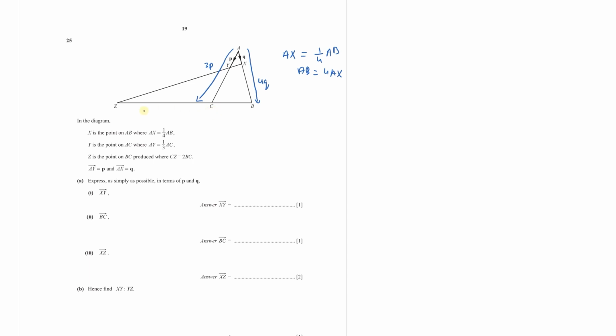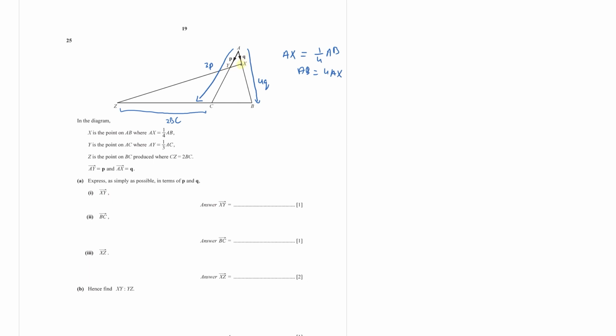So this length, CZ, is 2 times this length, BC here. AY is given as P and AX is given as Q. Express as simply as possible in terms of P and Q the length XY. Since this is related to vectors, you start with X and you have to end up at Y.